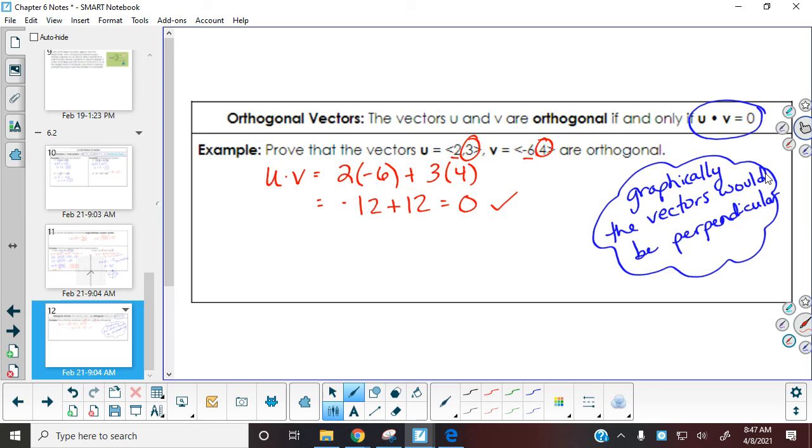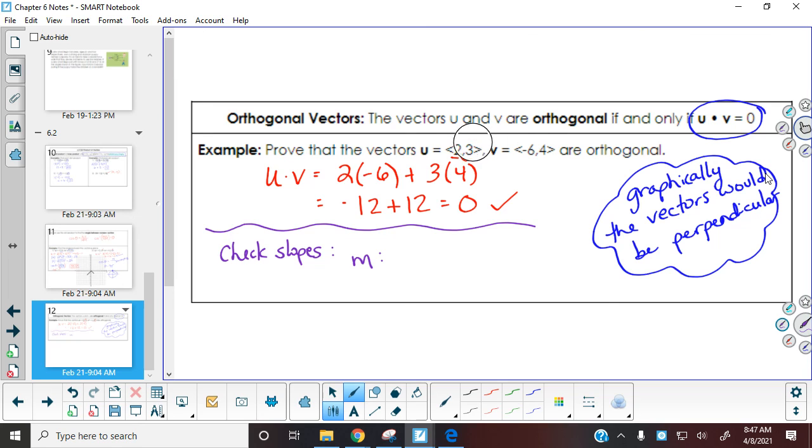Now, if you think back to what you already know about perpendicular, from previous knowledge you could check your slopes. You don't have to. What we just did proves that they're orthogonal. But if you think about your slope, it's rise over run.